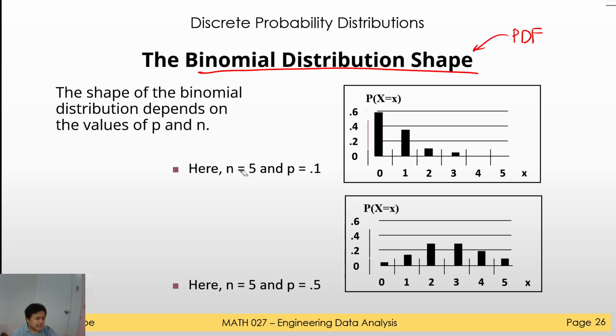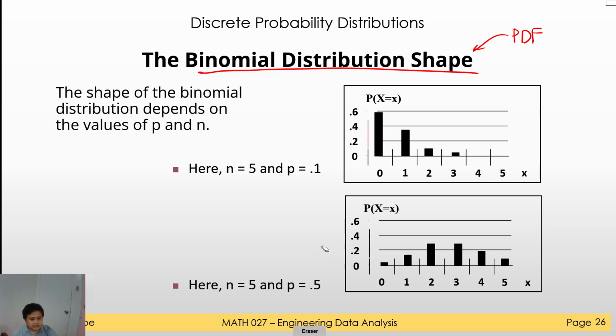So let's say we have n and p equal to this. The shape is dependent upon the number of trials and the probability of success. For n equal to 5 and p equal to 0.5, we have this shape.